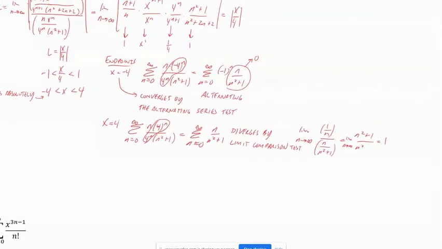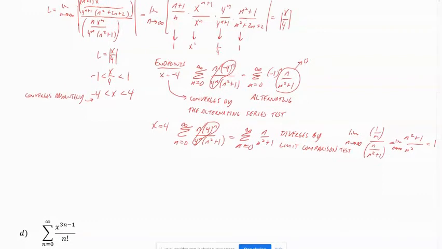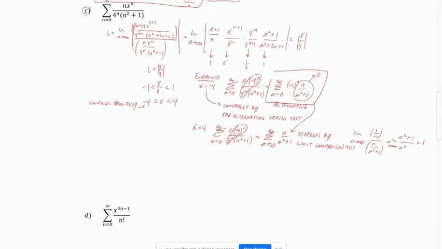So at the right endpoint, it diverges. At the left endpoint, it converges conditionally, because if we take this series and put absolute value around it, it's going to diverge, since it just becomes this, which we said diverges. So it converges at the left endpoint, but diverges at the right endpoint.